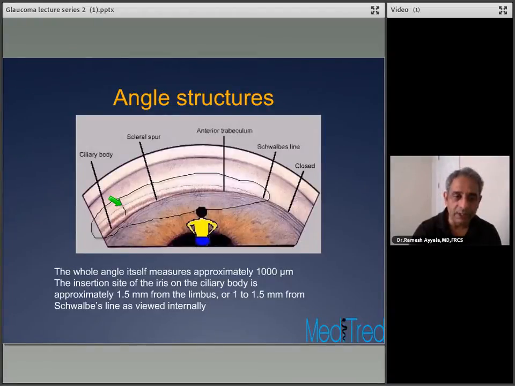So here the slate gray color is the ciliary body, and we'll talk more about this. And on top of that is the white band, the scleral spur. On top of that, you will see the pigmented trabecular meshwork, and the last structure that you're going to see, the most anterior, is the Schwalbe's line, which demarcates the end of the angle and the beginning of the cornea.